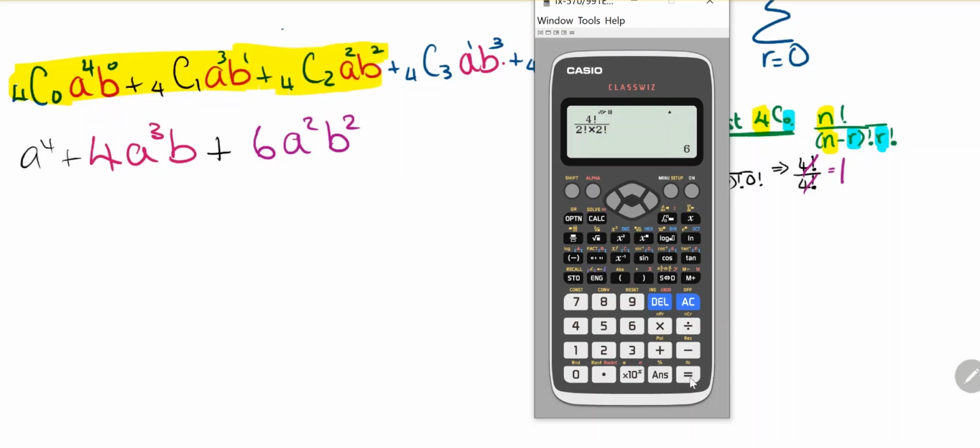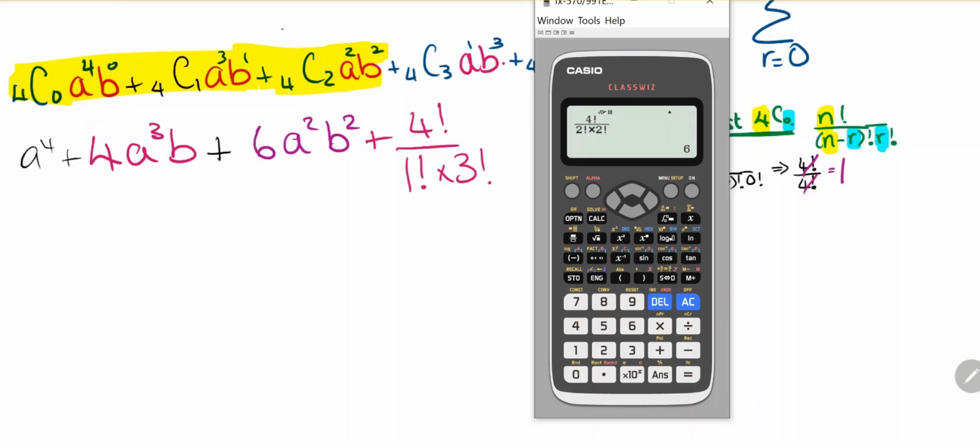So we've done this one. Now we're going to look at the next one. So this is 4 factorial over 4 minus 3, which is 1. So it's 1 factorial times 3 factorial.